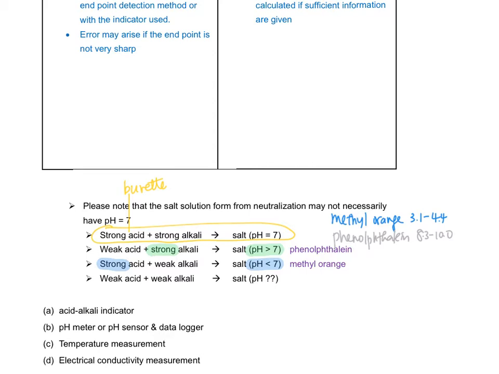So in these cases, we must use methyl orange. And lastly, if we titrate weak acid with a weak alkali, we cannot predict the pH of the salt solution, so in these titrations, we need to analyze the case by case.